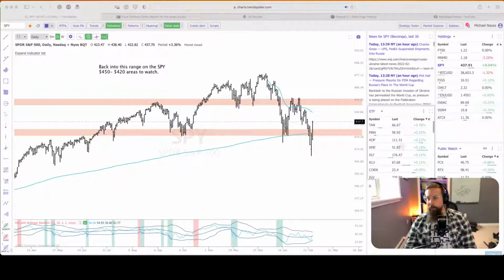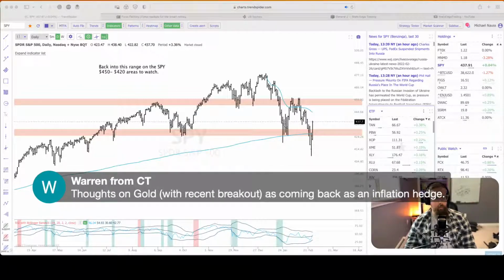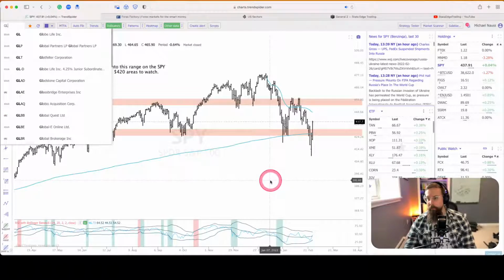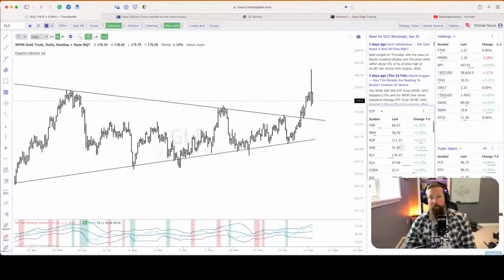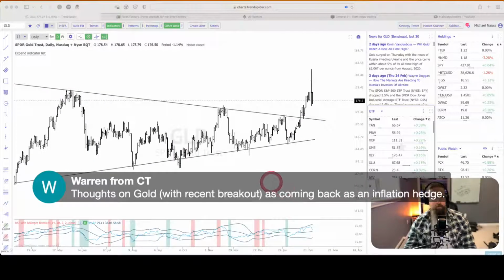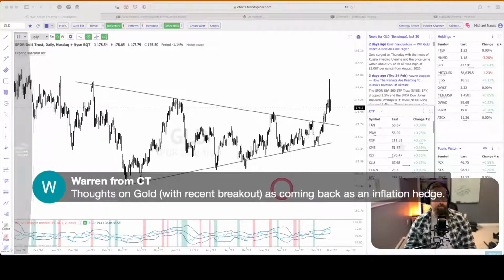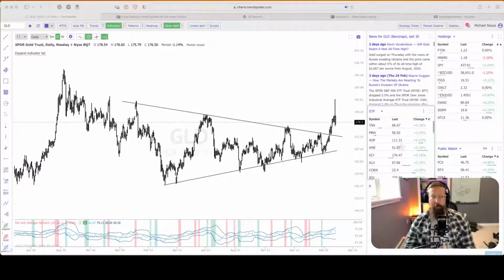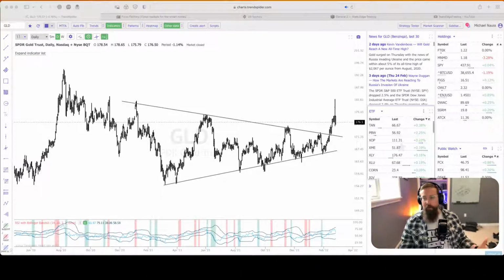And then we had a question from Warren about gold, and since we're on the equity market, let's go into that. Gold coming back as an inflation hedge. See, I take issue with that comment, and I will die on this hill: ignore why something moves, who cares why.